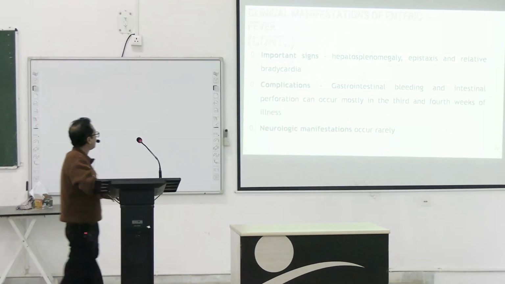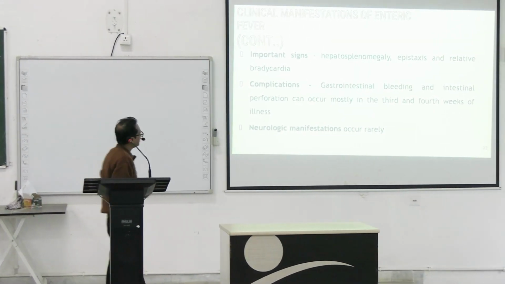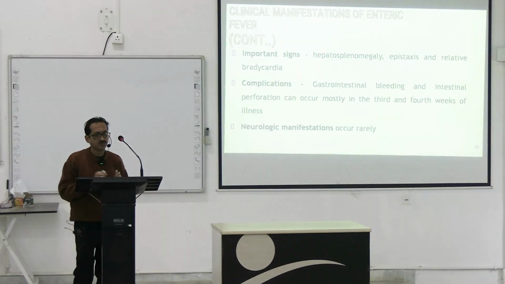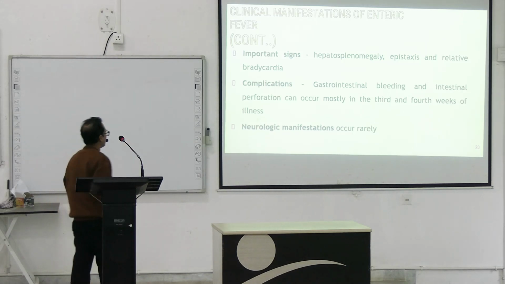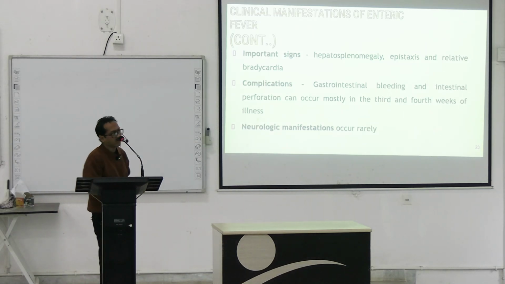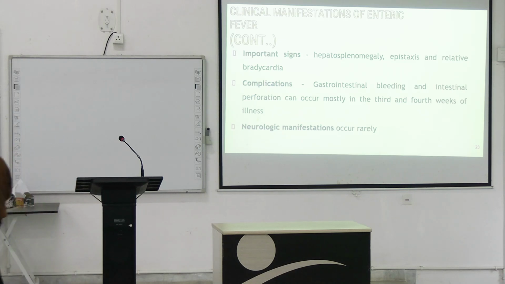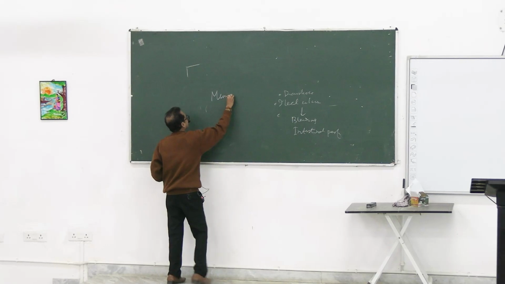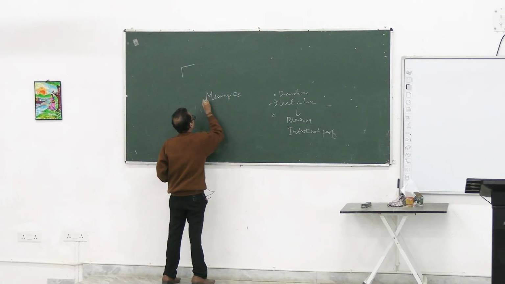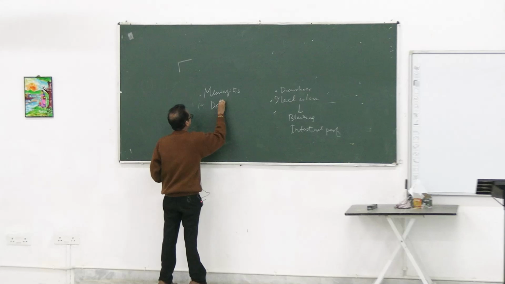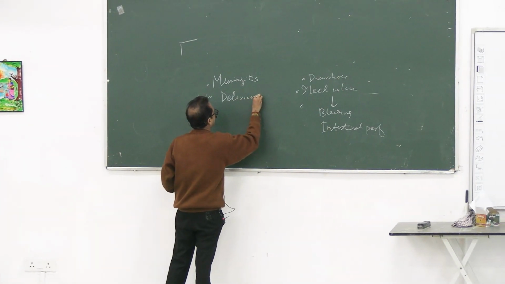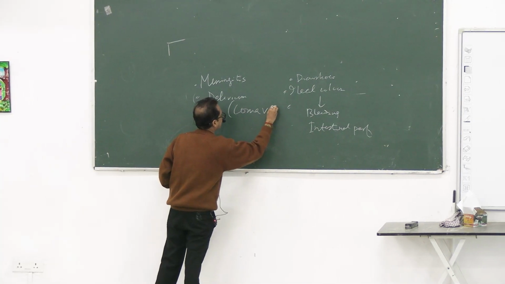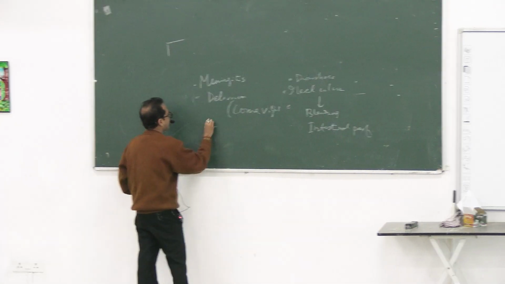What are the complications? One is gastrointestinal bleeding, and intestinal perforation can occur if the patient is kept untreated. So these are a few complications. Neurological complications usually rarely occur nowadays, but there may be meningitis, there may be development of delirium, another name for which is coma vigil, and there may be encephalopathy also.